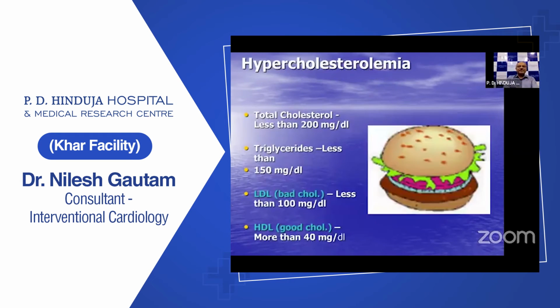From my perspective, a large number of patients, after an angioplasty procedure done by me or a bypass surgery done at our Hinduja hospital, come and say, I have totally stopped fat in any form. No oil, no butter, no cheese, no ghee. That is wrong.